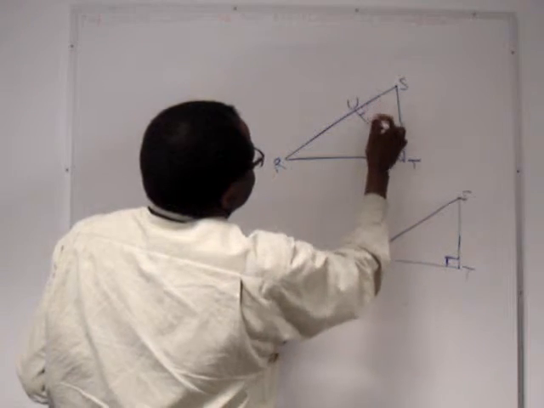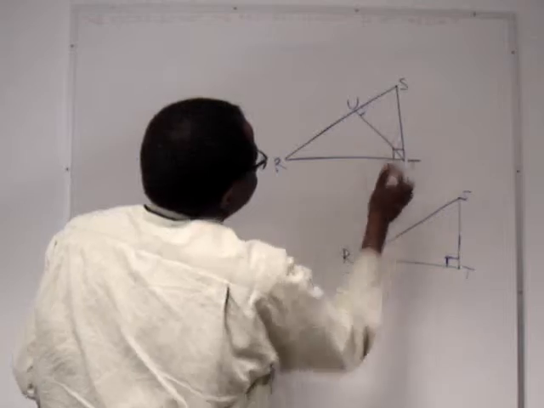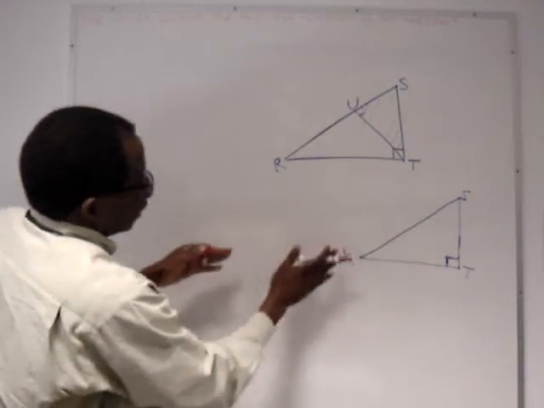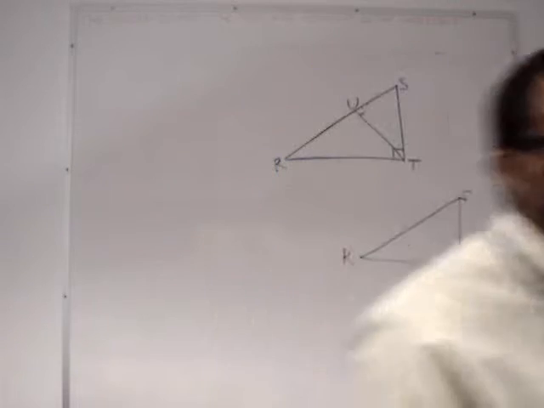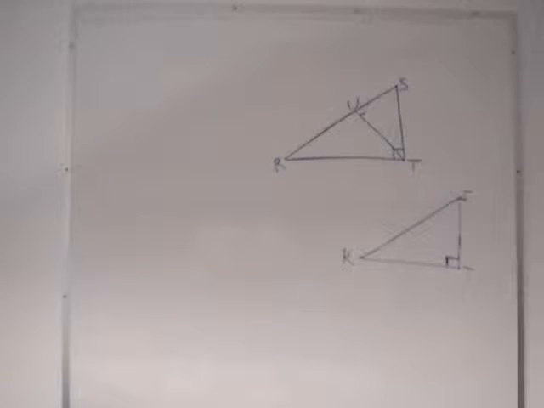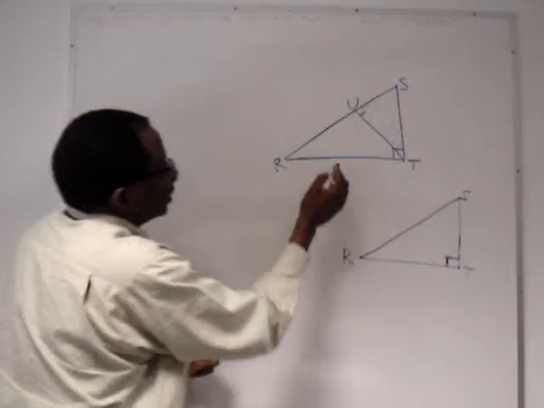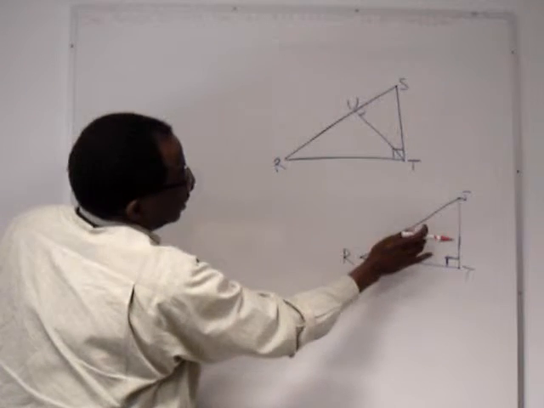Let's try for the smallest triangle, this one. Can we draw it in a way that it's oriented just like this one? We want this triangle to be oriented just like this one.